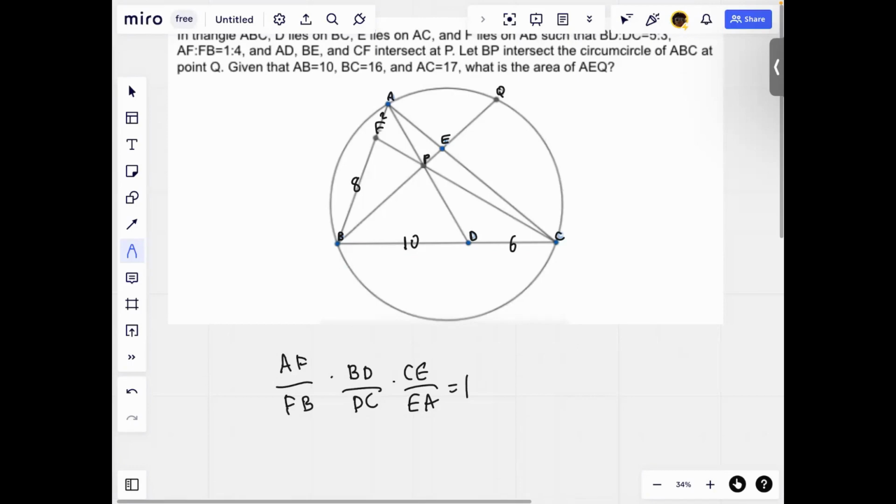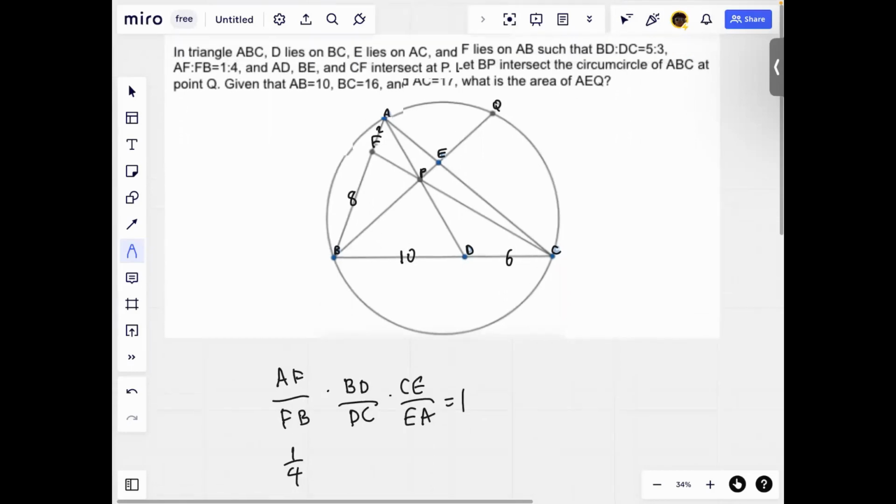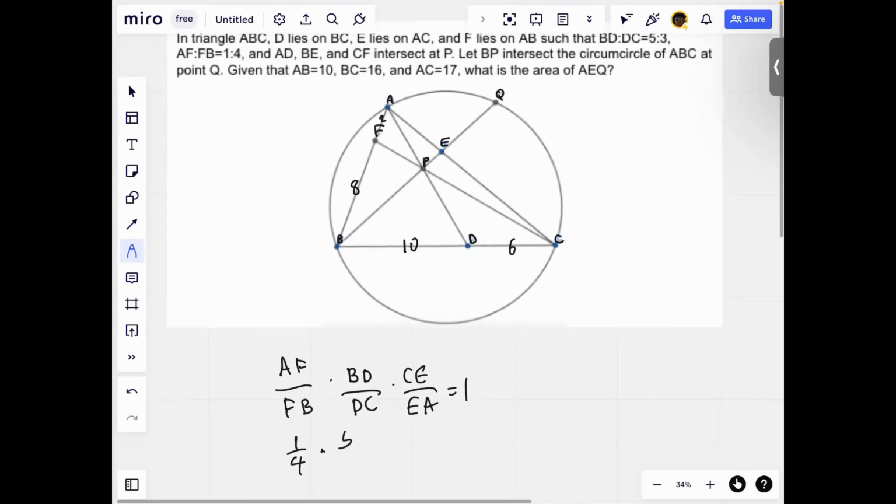So AF to FB we know is 1 to 4, and BD to DC is 5 to 3, and CE over EA is unknown. Okay, so CE over EA is just equal to 12 over 5, and since AC is 17, then CE is 12, and AE is 5.